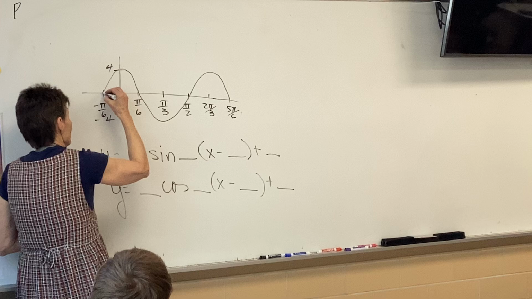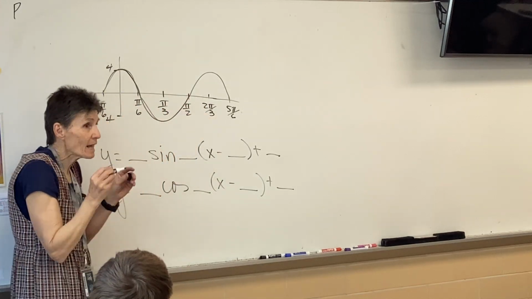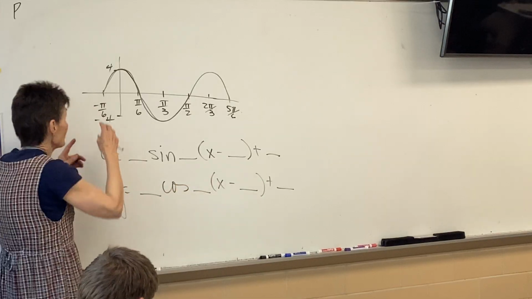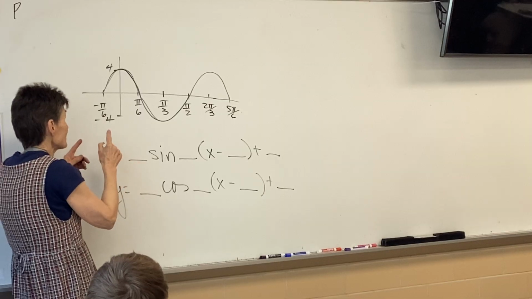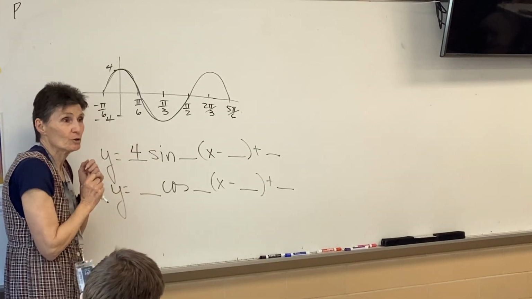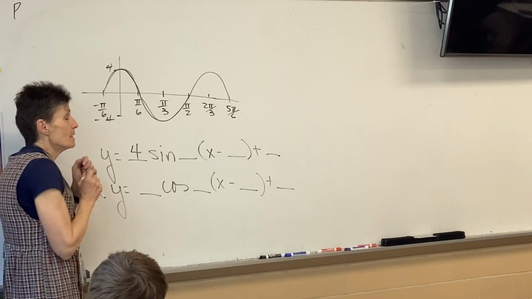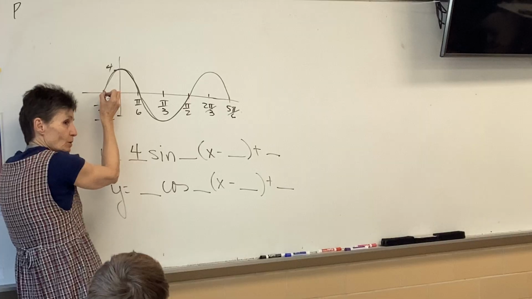If I am looking at this part right here, and again, you can look at other parts, your answer will be different. But I'm going to look at the first part. That is a positive sine curve with an amplitude of 4. It's supposed to start here, but it starts over here.